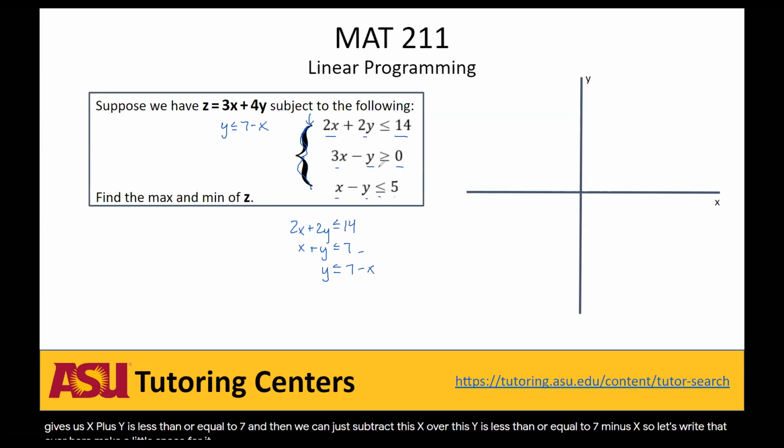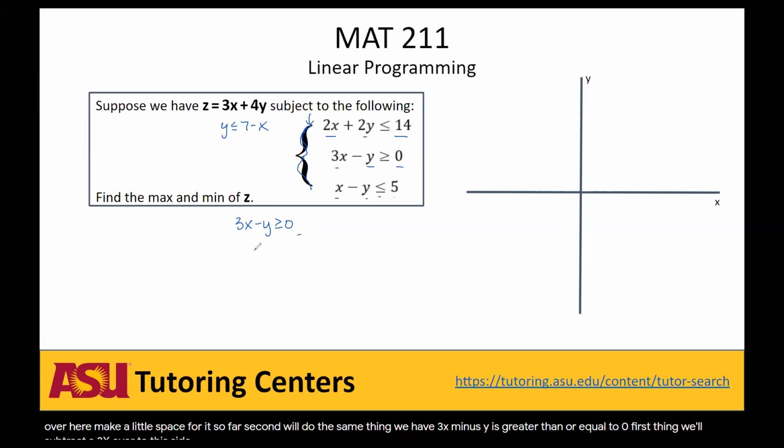All right, so for our second, we'll do the same thing. We have 3x minus y is greater than or equal to 0. First thing, we'll subtract our 3x over to this side. So that gives us negative y is greater than or equal to negative 3x.